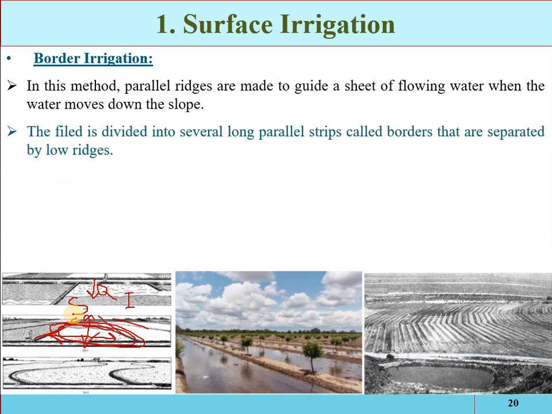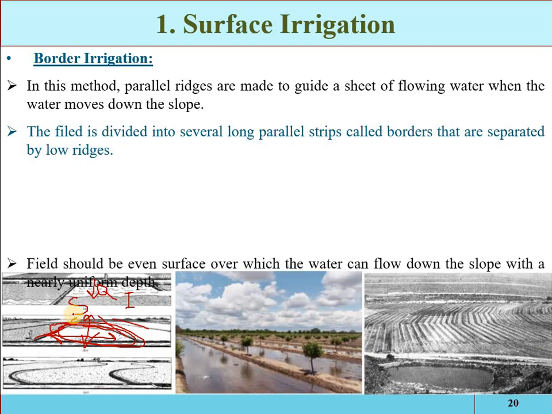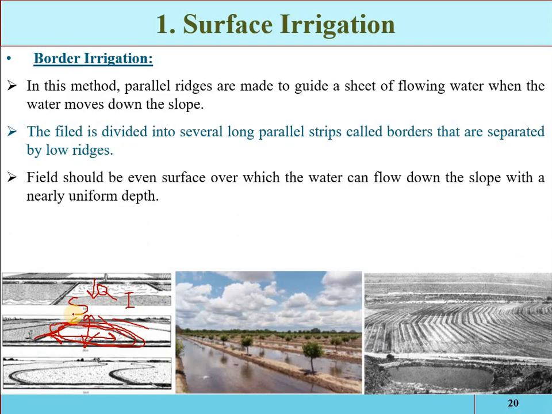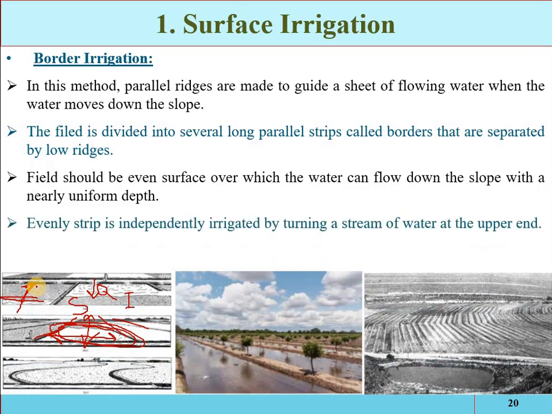The field is divided into several long parallel strips called borders. The field should have an even surface. Now remember this important point, that the slope of the border will be uniform, so that the water may properly move from upstream to downstream. Both the lateral and longitudinal slopes will be uniform, so that the water may be uniformly distributed. Each strip is independently irrigated by turning a stream of water in at the upper end.